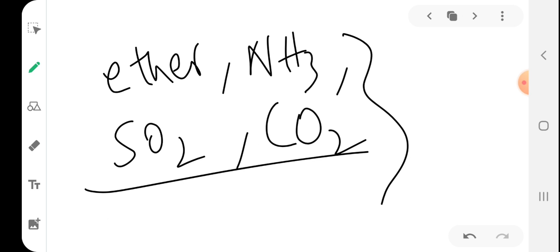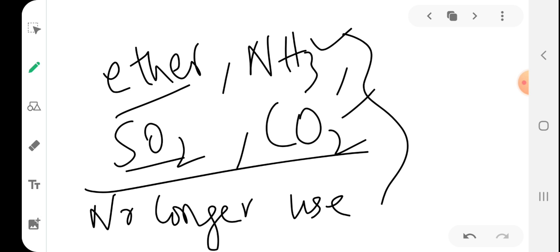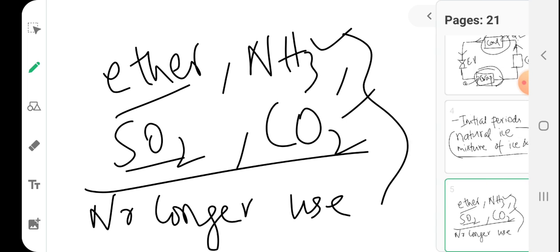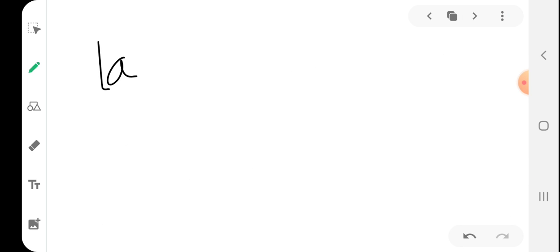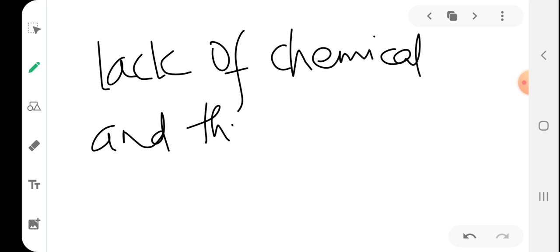Why? Because they are no longer in use. Actually, NH3 and CO2 are slightly used these days too, but sulfur dioxide, methyl chloride and others are no longer in use because of their lack of chemical and thermal stability.